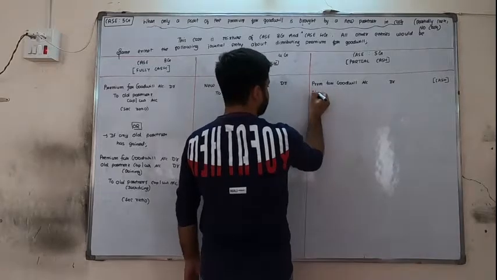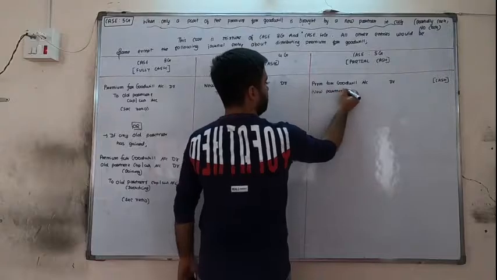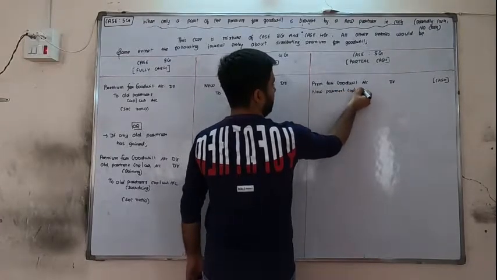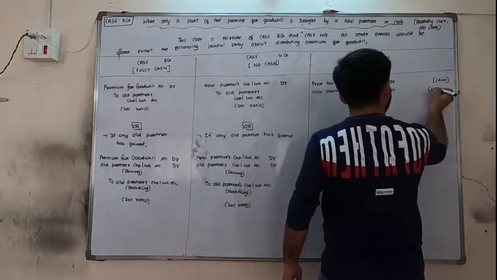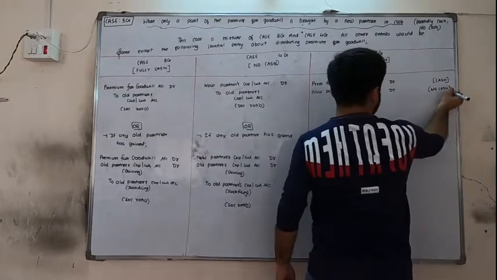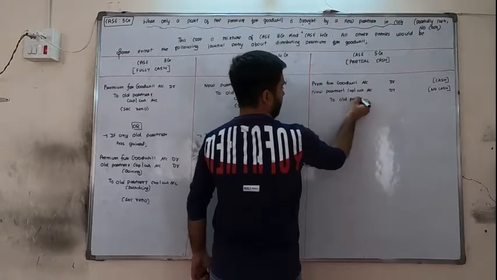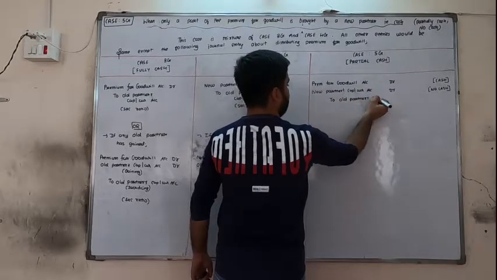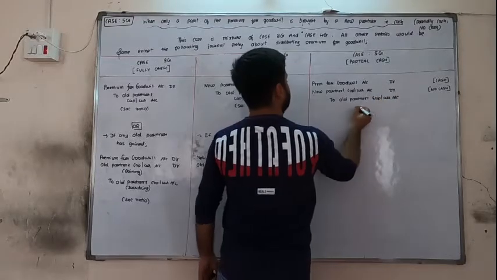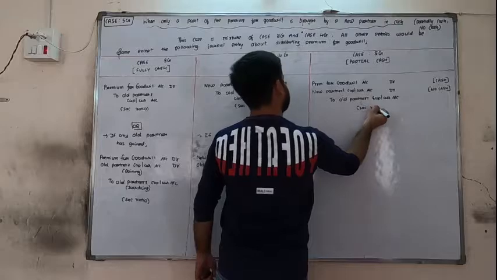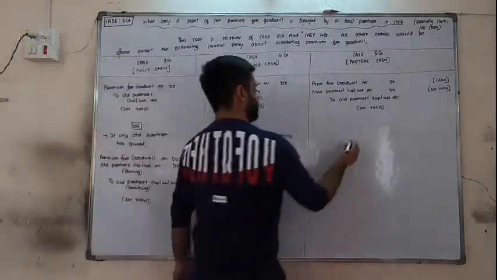Then new partner's capital or current account debit, this is in no cash, to old partners capital or current account in which ratio? Sacrifice ratio. Means the total amount is divided in sacrifice ratio.